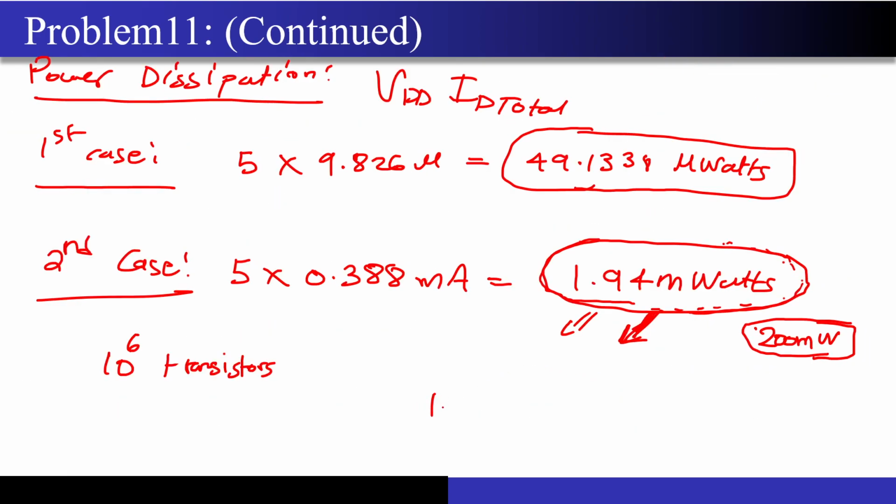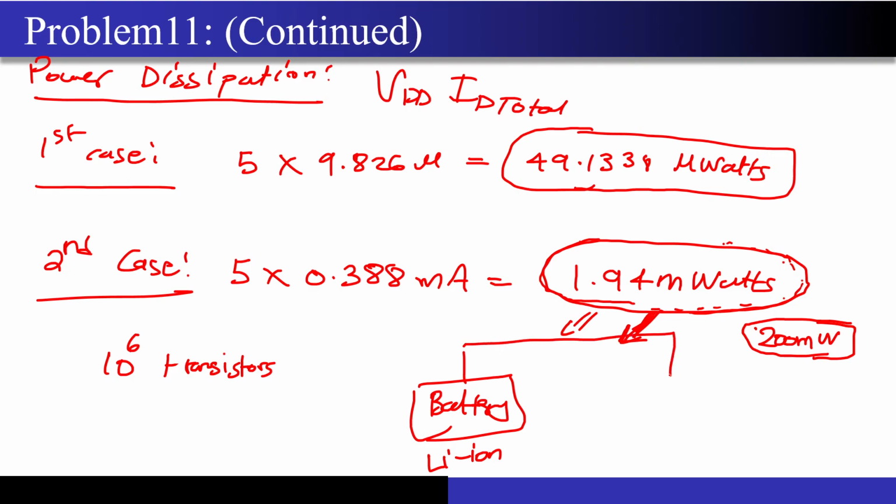What does this mean? You have a battery over here, maybe a lithium ion battery, and it has to supply a voltage to this processor having 10 to the power 6 transistors. Let's say the bias conditions have been set up, the transistors are operating in sub-threshold, and you thought they will not consume any current because you used your ideal MOSFET model, right?